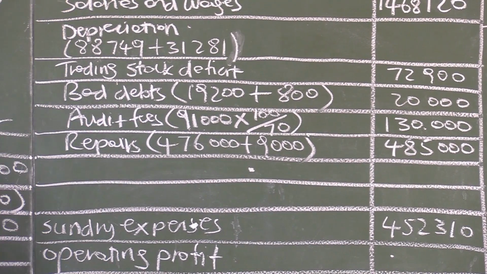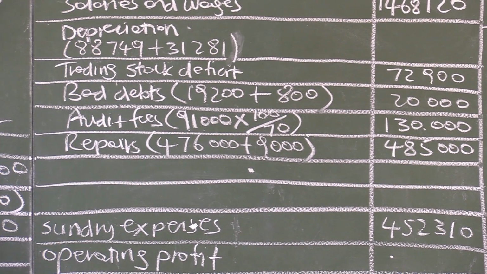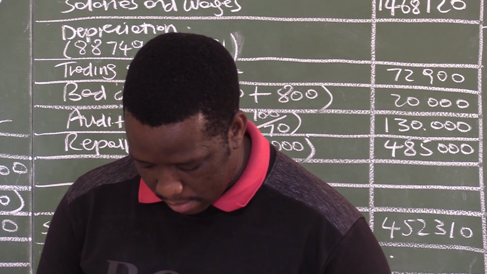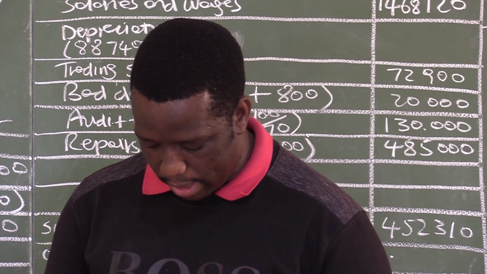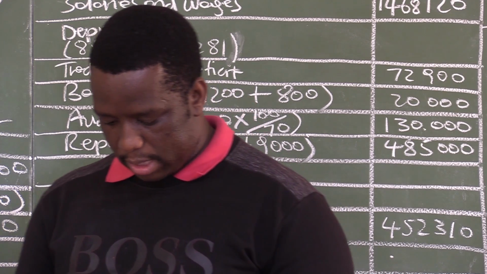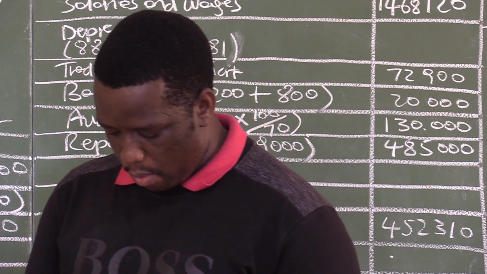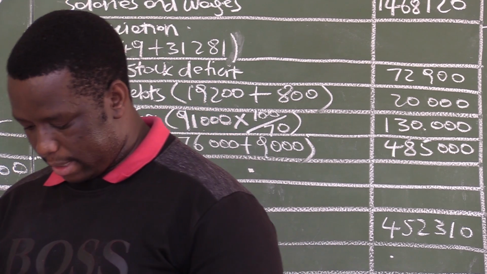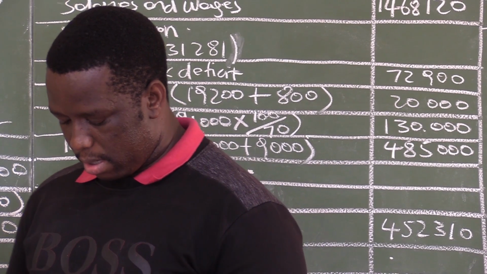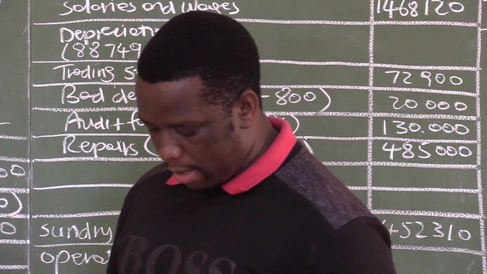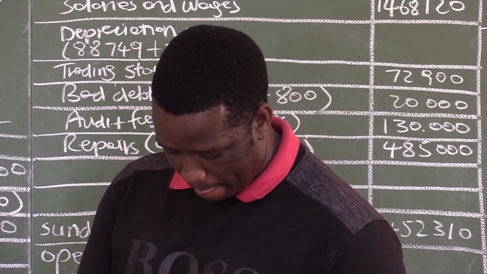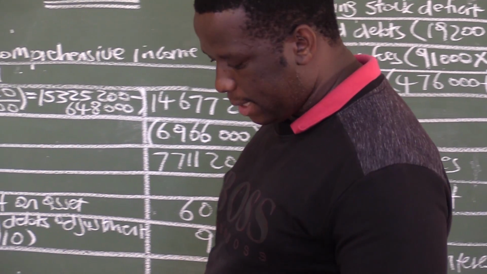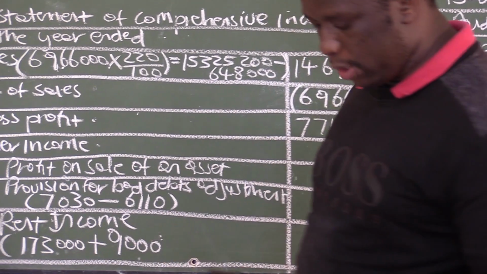Right, here we have 173,000 plus 9,000. There is another story with regards to rent. 173,000 plus 9,000 is 182,000.